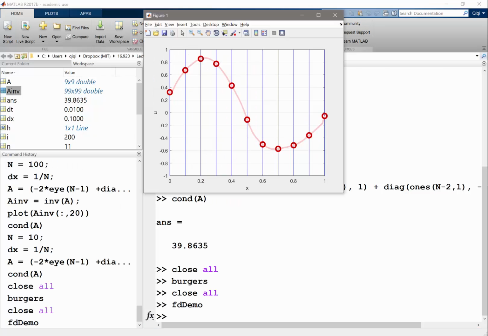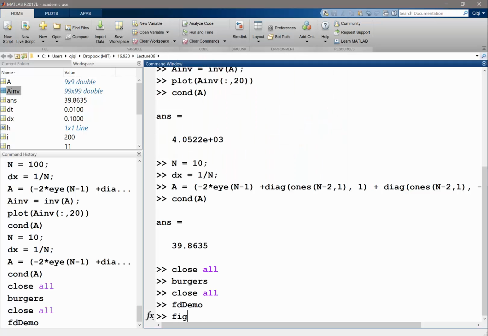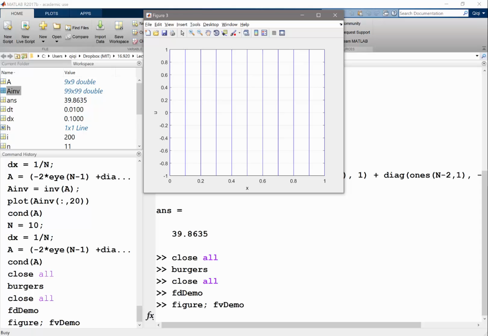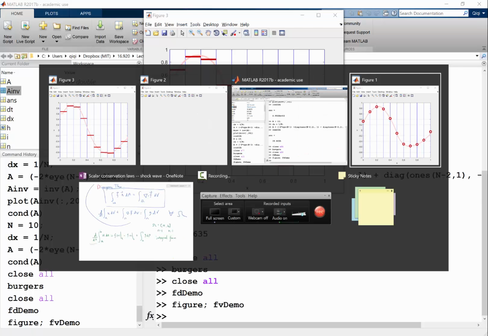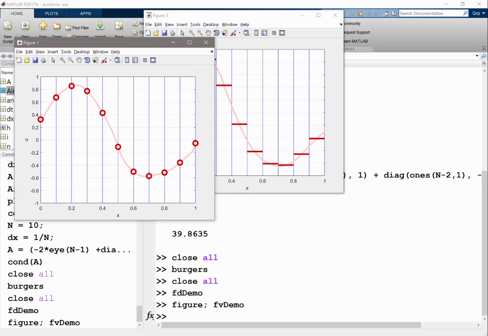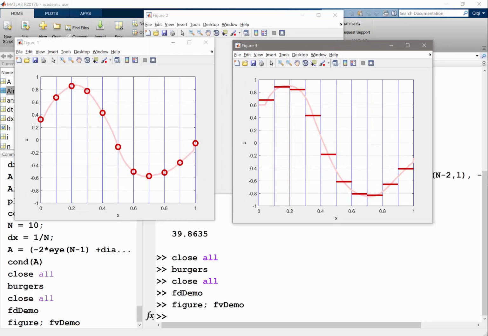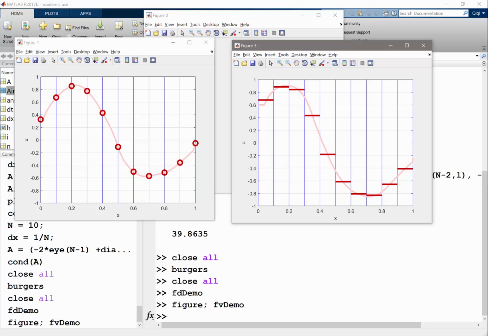If you do finite volume, let me make a new figure and try to draw the same function. What it discretizes, finite difference versus finite volume, what it stores are not the function values at any particular points, but the volume averages, right?